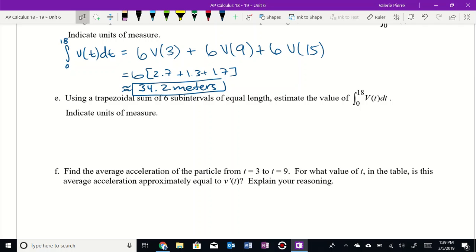Now part F, we want to find the average acceleration of the particle from t equals 3 to t equals 9. For what value of t in the table is this average acceleration approximately equal to v prime of t? Explain your reasoning.